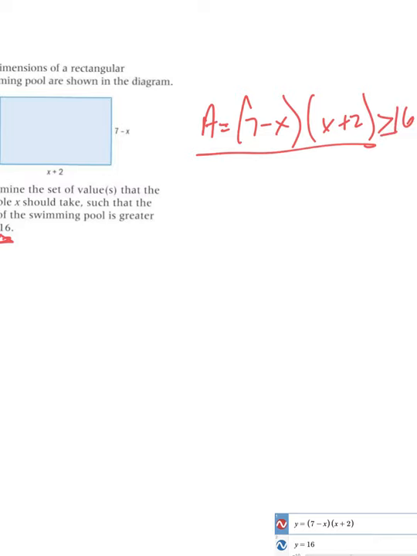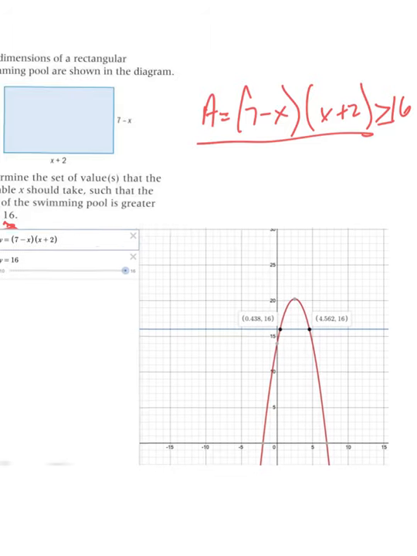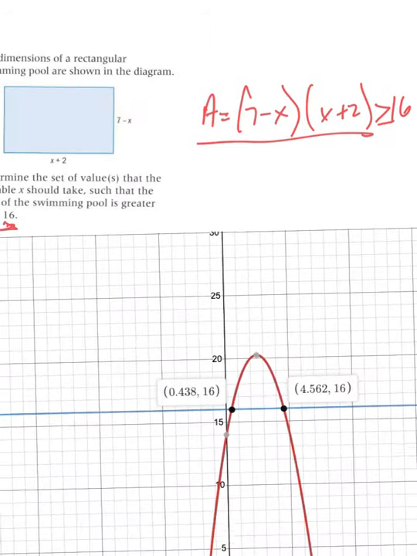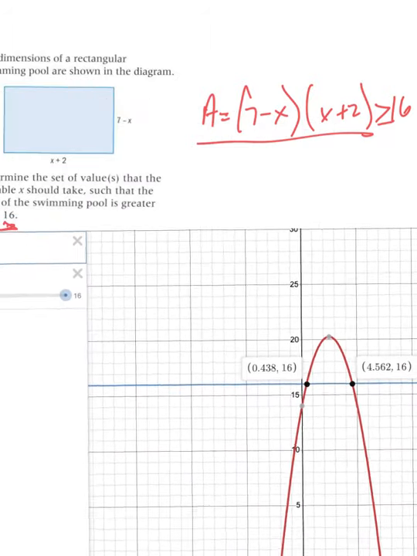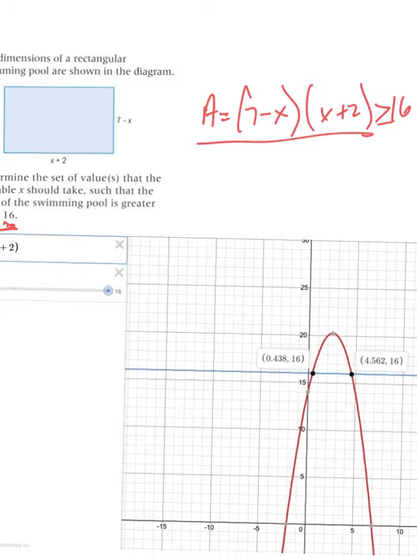And so in order to do that, what I'm going to do is graph it. When I graph it, here is my top function, and these values here are exactly what I'm looking for.